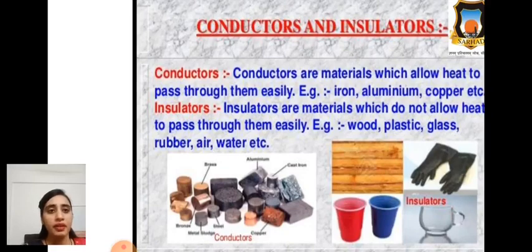After that, conductors and insulators. Conductors are materials which allow heat to pass through them easily, for example iron, aluminium, copper. And insulators are materials which do not allow heat to pass through them, for example wood, plastic, rubber, air.